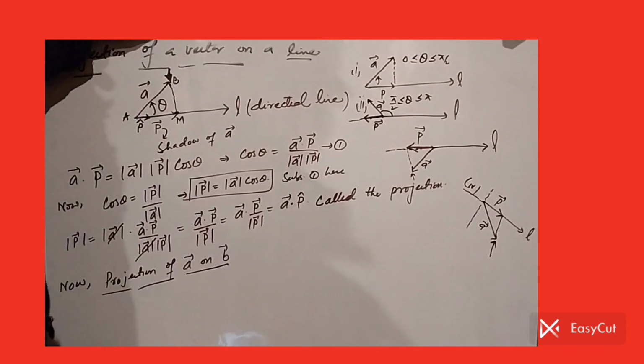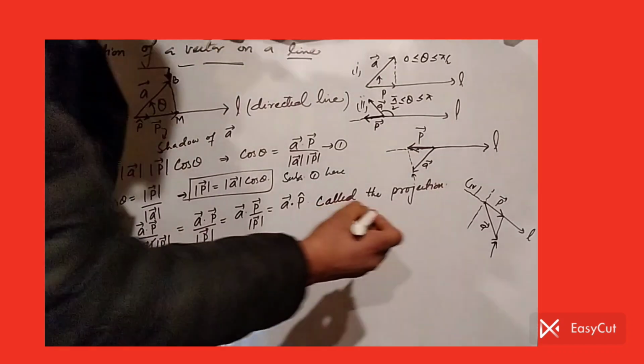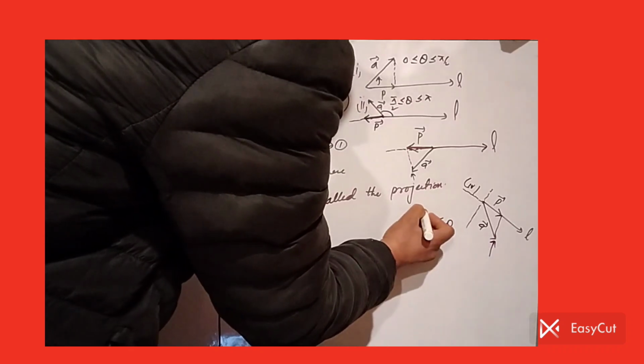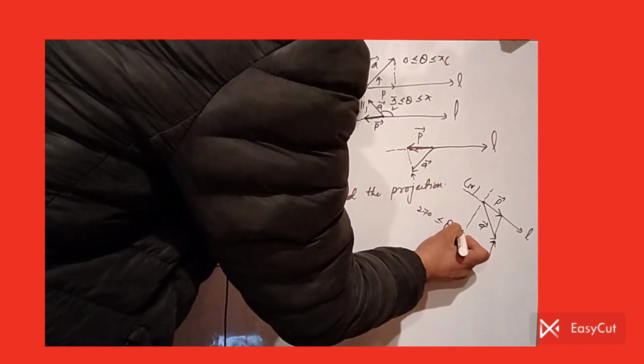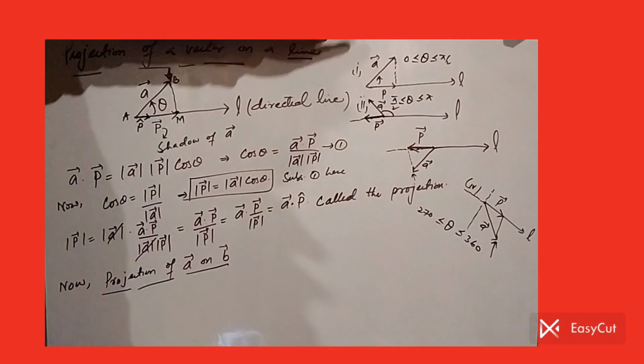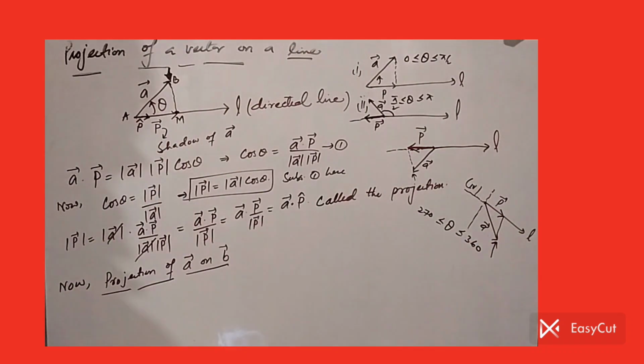So in this case your theta must be greater than or equal to 270 and less than or equal to 360, because it is in the fourth quadrant.